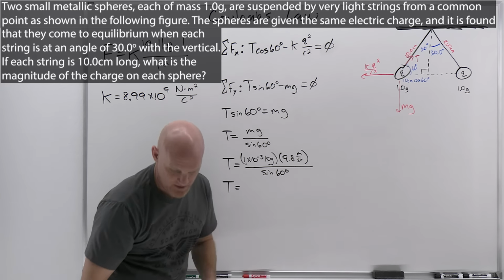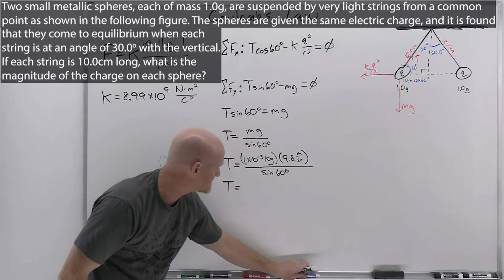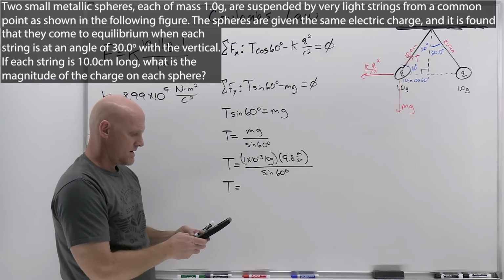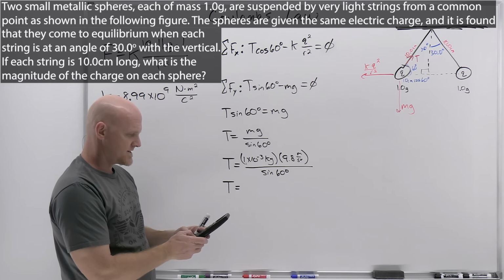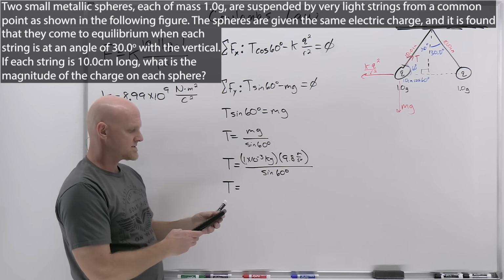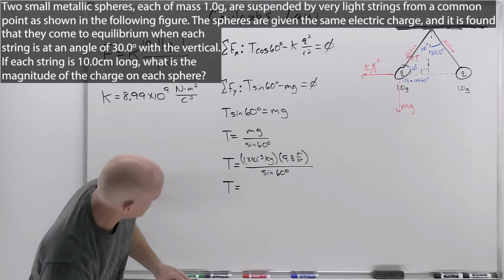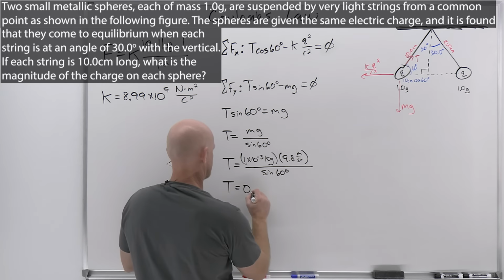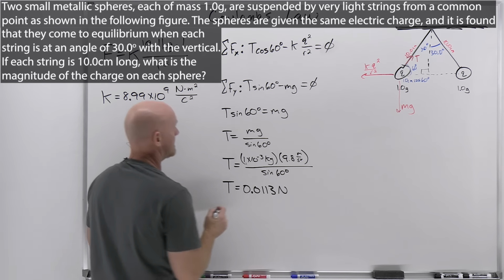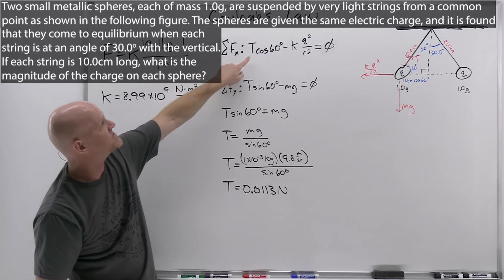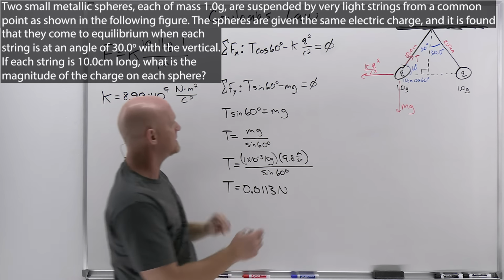Let our calculator do the heavy lifting for us. All right, so 1 times 10 to the negative 3 times 9.8 divided by the sine of 60 gets us 0.0113 newtons.